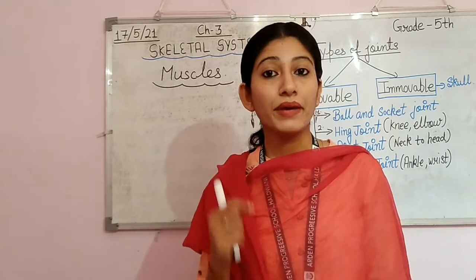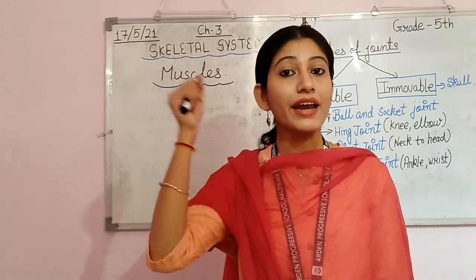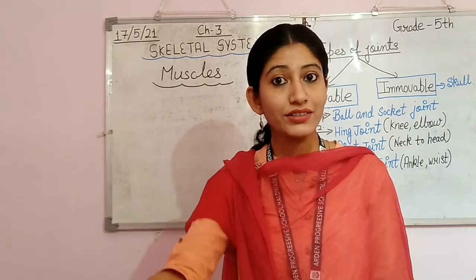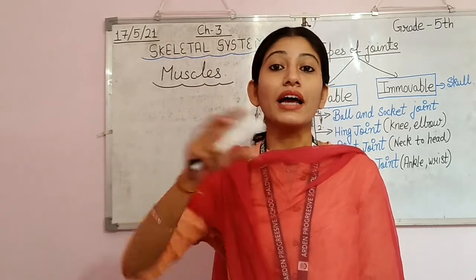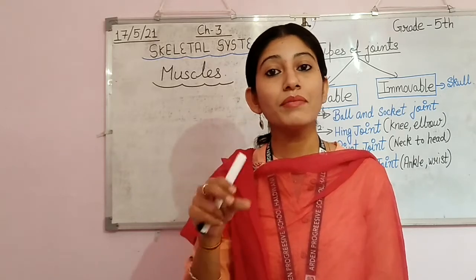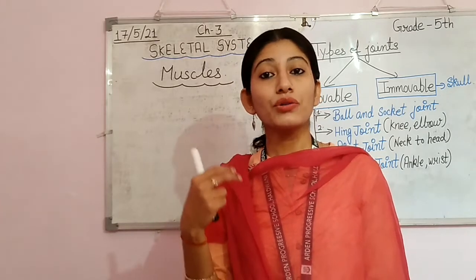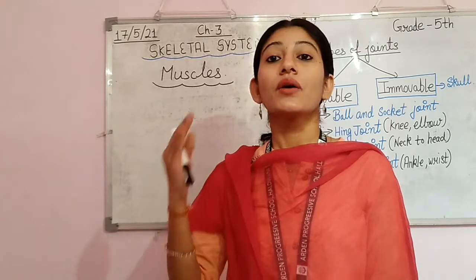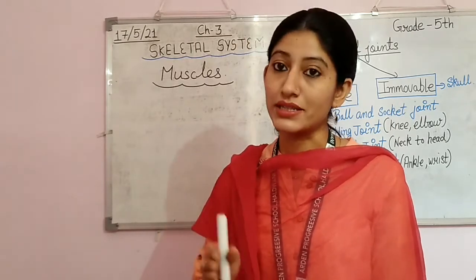They help in contraction and relaxation. At the same time when you are contracting some muscles, some muscles are relaxed. This process takes place with the help of the muscles.